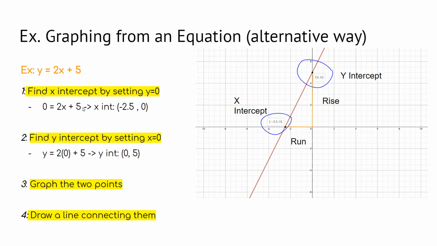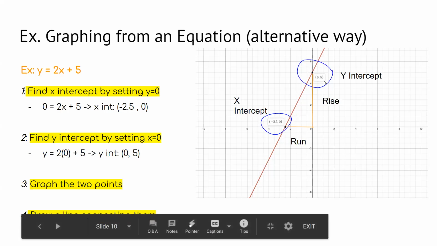So we set y equals 0 here. So 0 equals 2x plus 5. We do some algebra, subtract 5 on both sides, so we get negative 5 equals 2x. And then we divide both sides by 2, so we get the x-intercept as negative 2.5 and 0, which is right here. You see that this is a point on the same line.